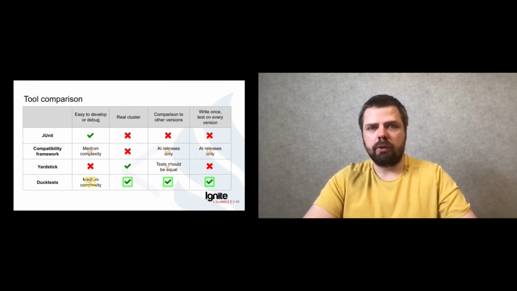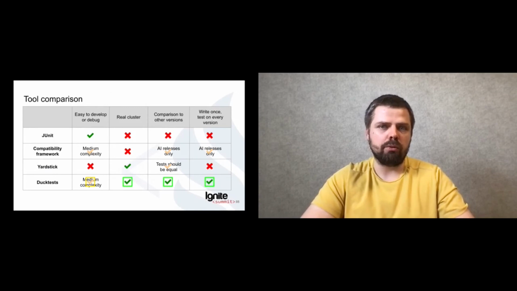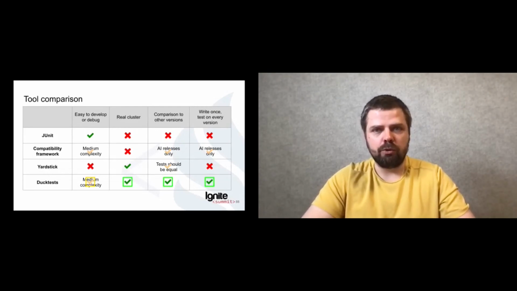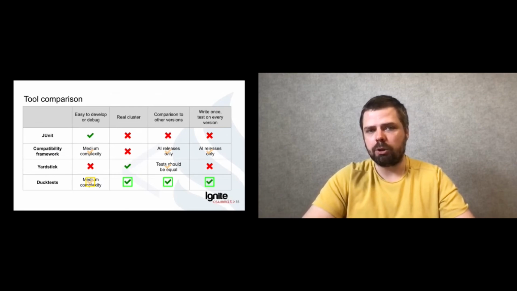In short, Ducktests was created during the work on Ignite Enhancement Proposal 56, which we called Distributed Environment Tests, where we solved more than 100 issues. It was also used and validated during the work on Ignite Enhancement Proposal 45, where we fixed and improved crash recovery. We also checked some other cases, for example, brand new snapshot creation and validation, and rolling upgrade compatibility.